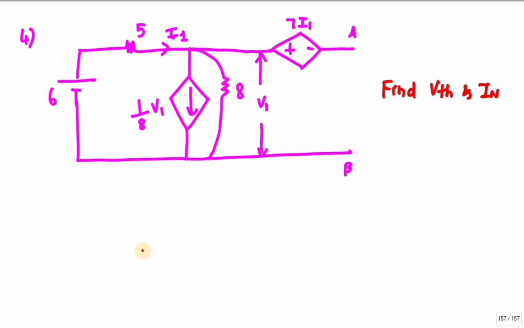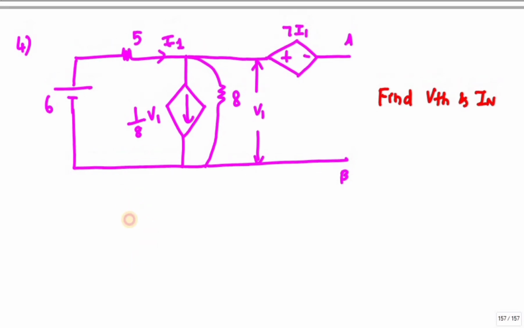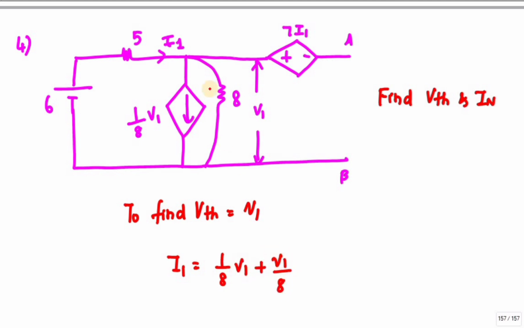So the fourth question, they are asked to find the Thevenin resistance, Thevenin voltage and Norton current. To find VTH, according to Kirchhoff's current law, I1 is equal to 1 by 8 of V1 plus V1 divided by 8, plus this current is 0.